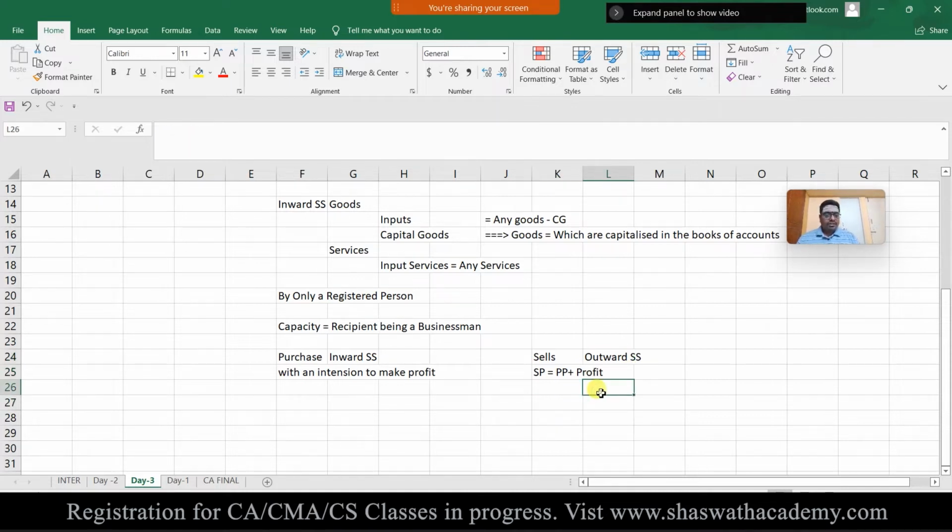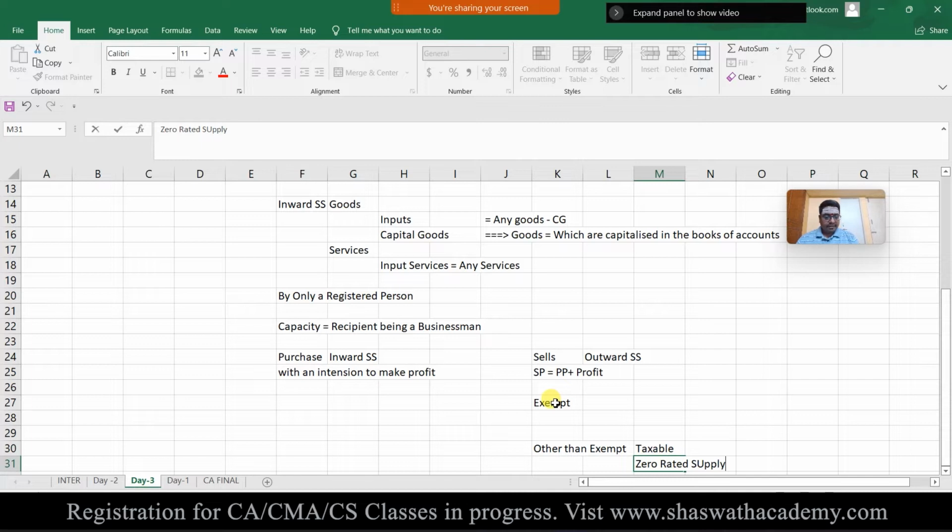Sir, this outward supply should be of what category? This outward supply may be exempt, or it may be taxable, or I would say other than exempt. Other than exempt is a bigger category, but it covers taxable and zero rated supply, basically.